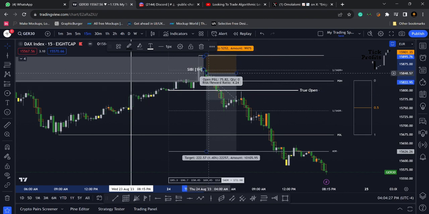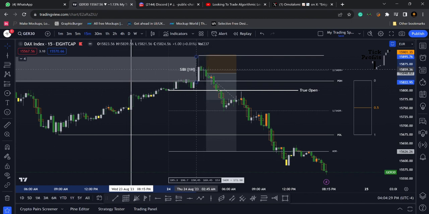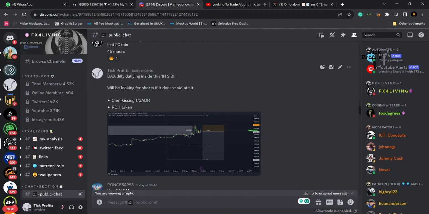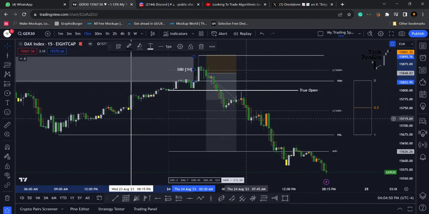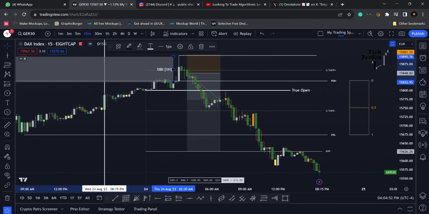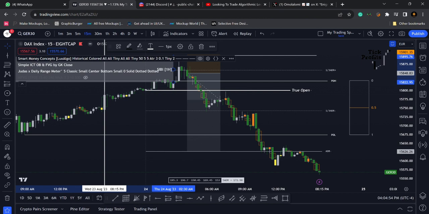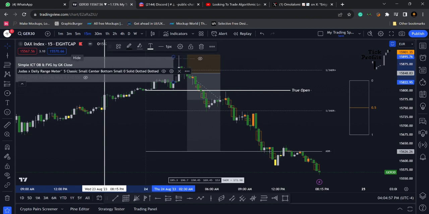No, you have to take into consideration the higher time frame narrative. So DAX was also tapping into this 1 hour fair value gap. So we have three confluences lined up for us. So that's what I wrote into the Discord, that I'm going to be looking for shorts, and that is how you get your short for DAX.